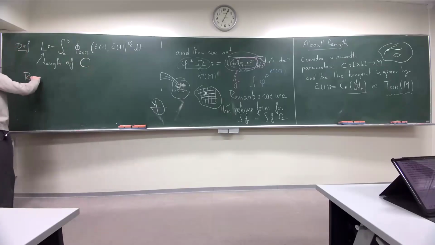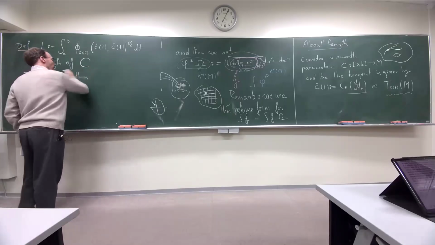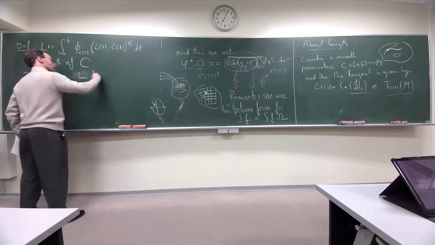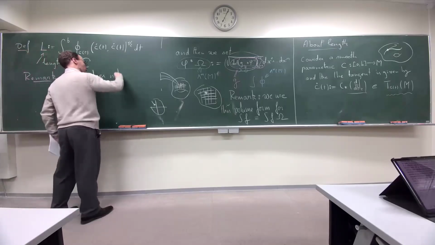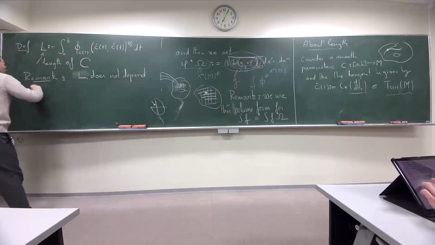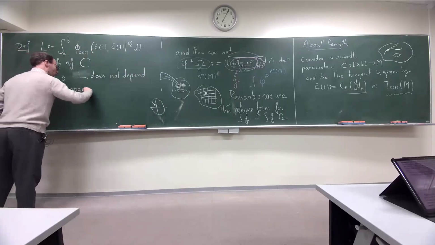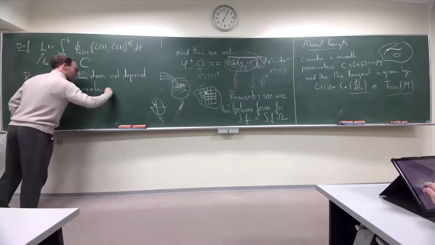Remark, and this is an exercise that we do in calculus 2, but in a slightly restricted framework. This length, L, does not depend on the parametrization. What do I mean by this?